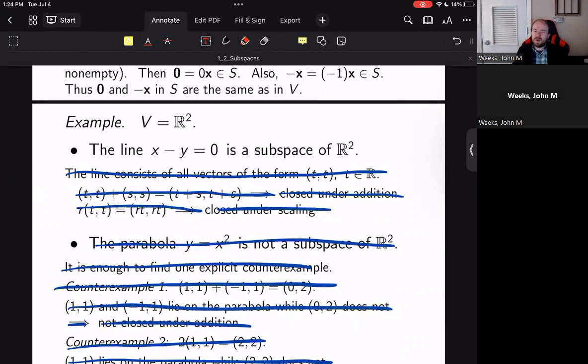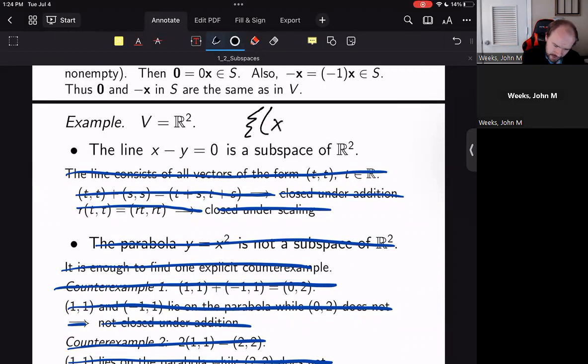Let's take, for example, our parent space to be R squared. Again, we're not saying what the operations are, so we're assuming addition and scalar multiplication to be standard. Let's take the first one to be the line x minus y equals 0. We claim this is a subspace. What do we mean here? We're looking at the space of all x, y inside of our vector space V, but we're putting in a condition here: x minus y equals 0.